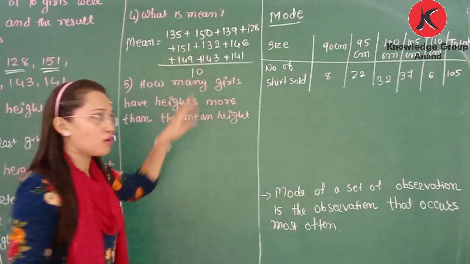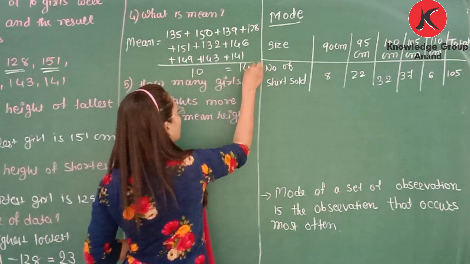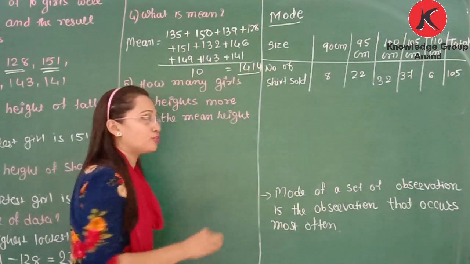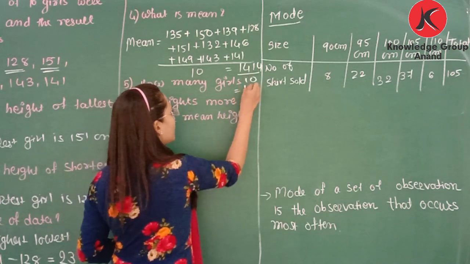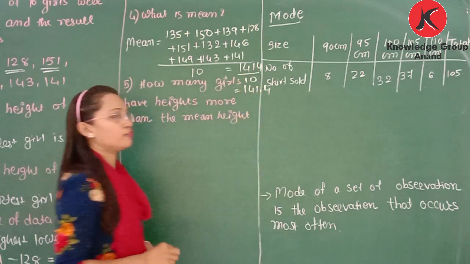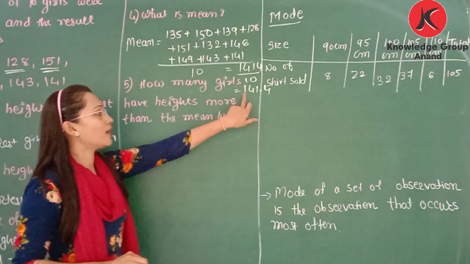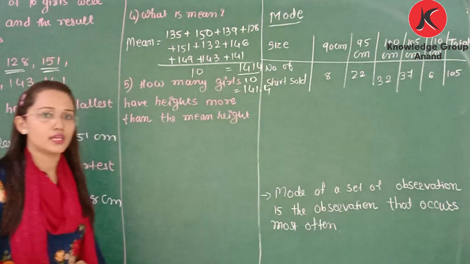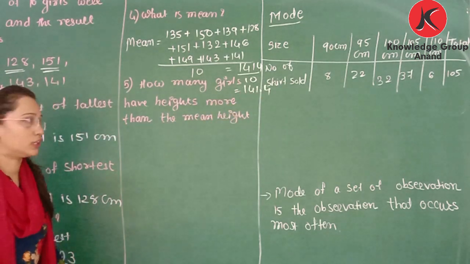If you take the sum of these you will get 1414. 1414 divided by 10, so mean will be 141.4. That is the mean of the height in centimeters.